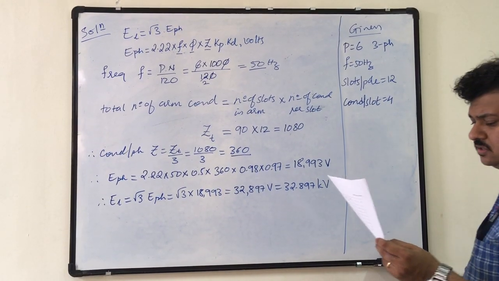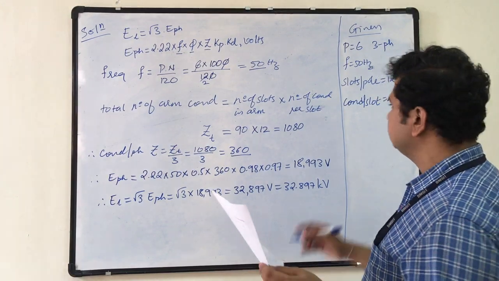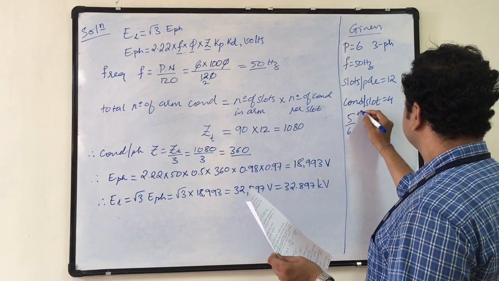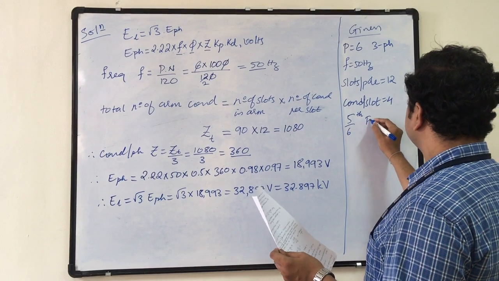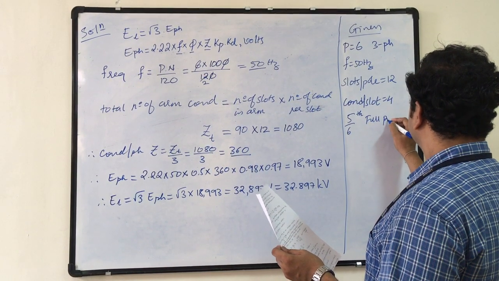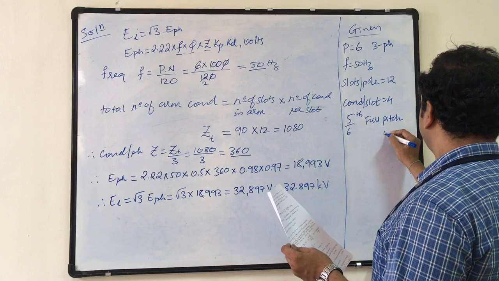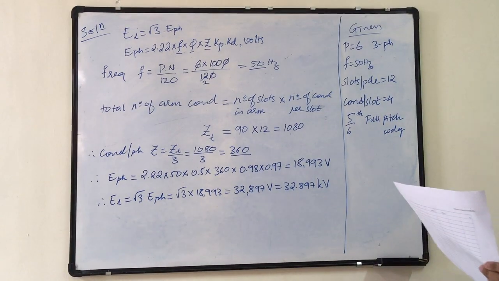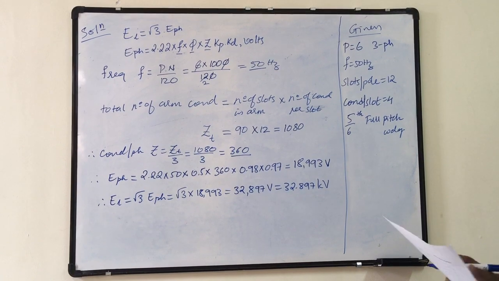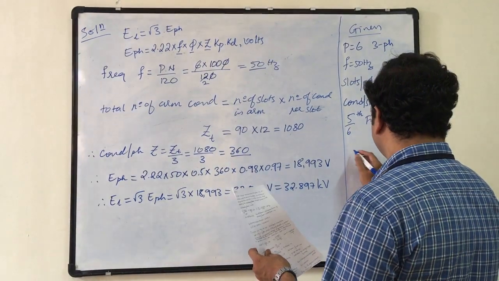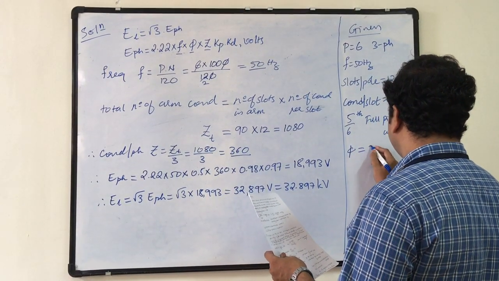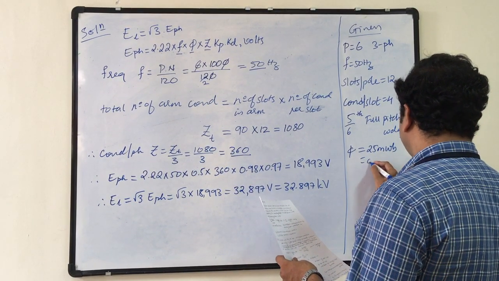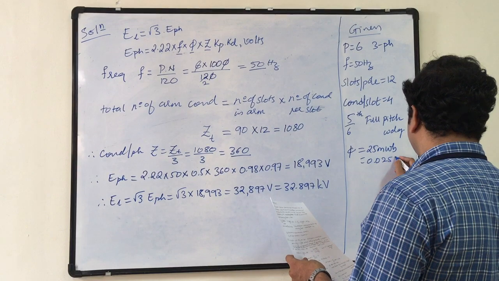The winding is 5/6 full pitch winding. We'll see what it means. That is a coil span. A flux of 25 milliwebers is produced in each pole. That is, flux per pole is 25 milliwebers, or I can write it as 0.025 webers.